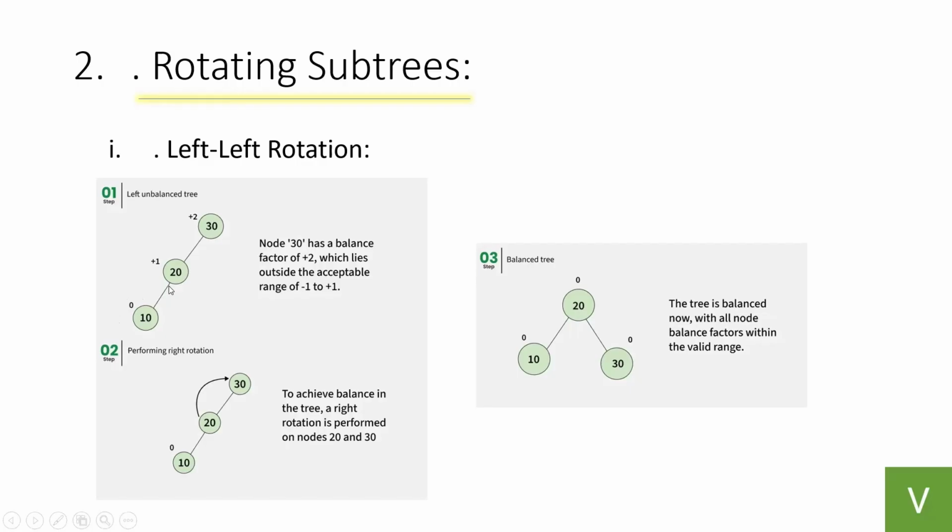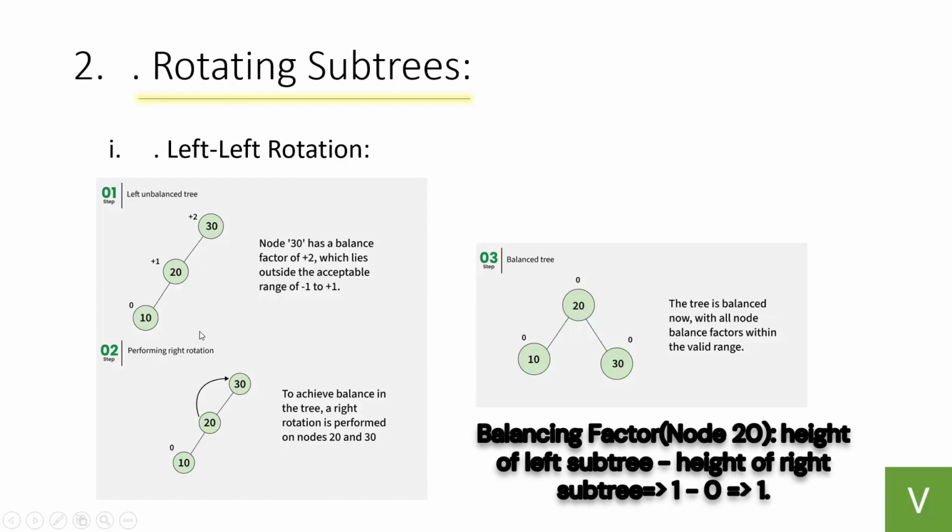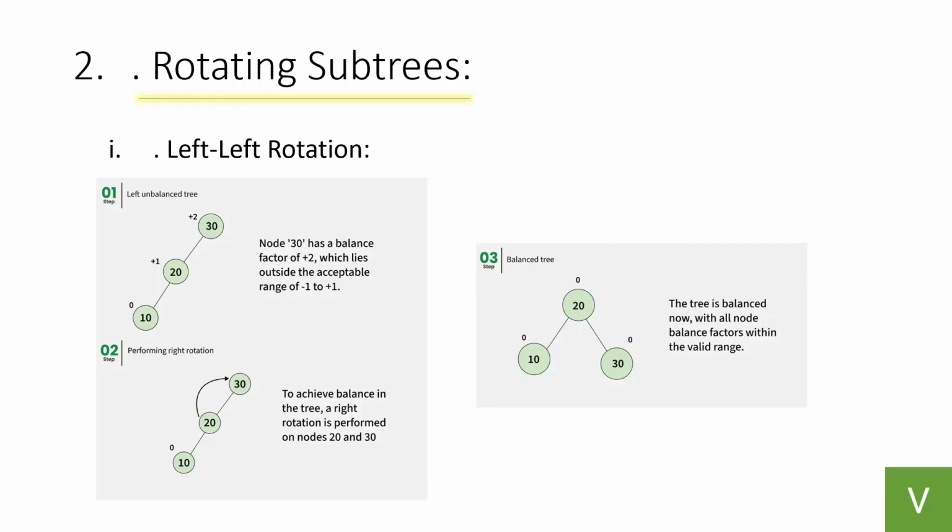Now we will check the balancing factor for the node 20. Height of left subtree is 1, and height of right subtree is 0. 1 minus 0, which is plus 1. So node 20 also has a valid balancing factor.